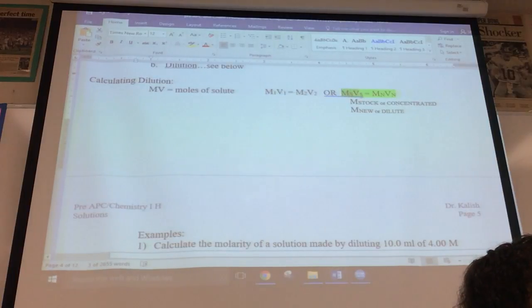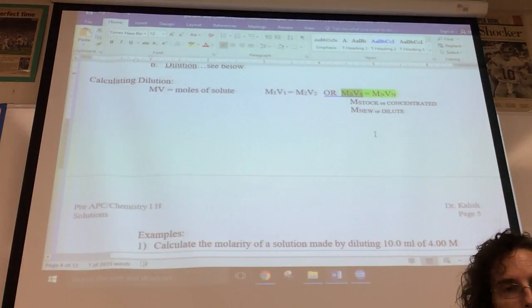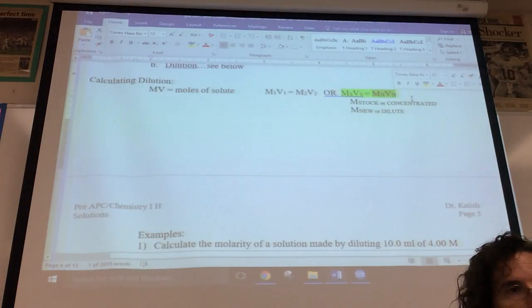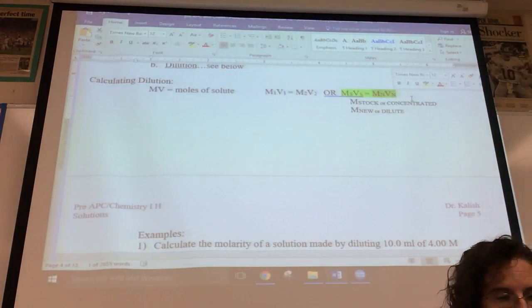I do M stock, V stock, where stock is what you have on the shelf in the laboratory. That's going to be the more concentrated solution, the one with the higher molarity. The newer dilute solution is the one that you are making. That's going to have the lower molarity.